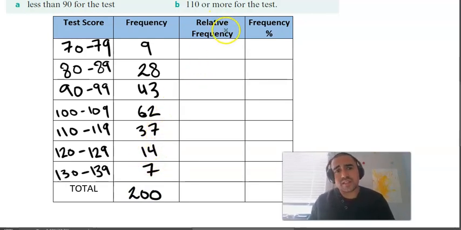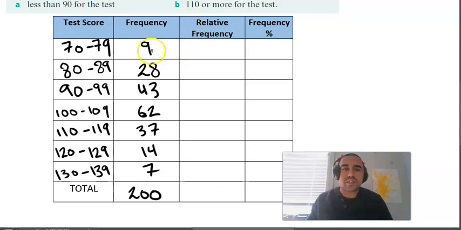We cannot fill out the relative frequency table without knowing the total amount. Without the total amount, this can't be done. To get the relative frequency, this is given as a decimal, and then using that decimal we can find the frequency percentage.